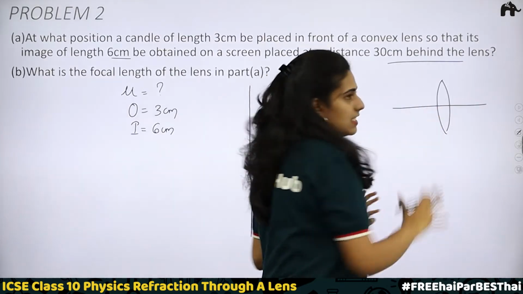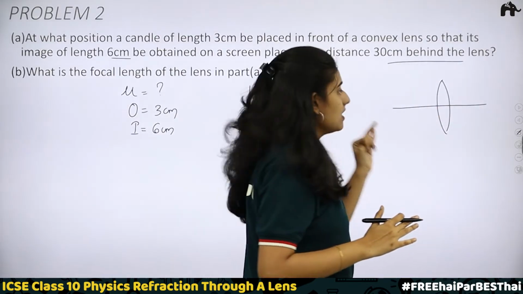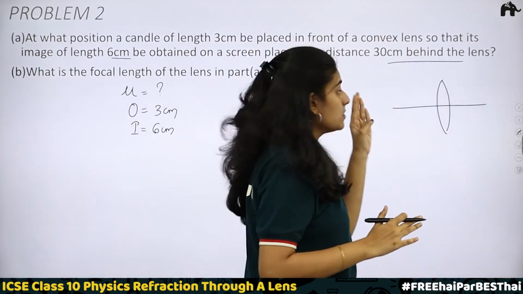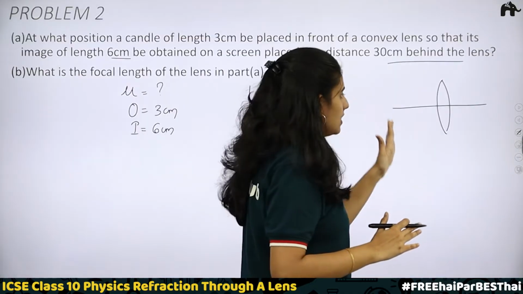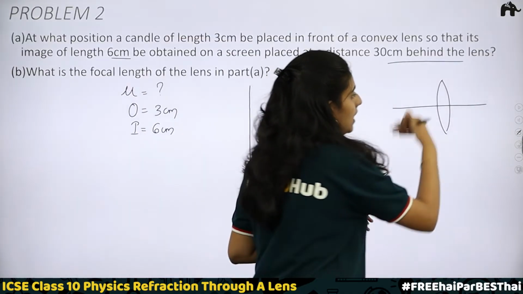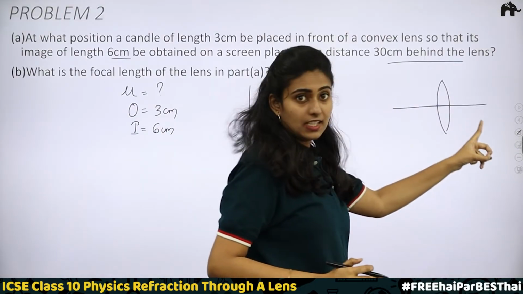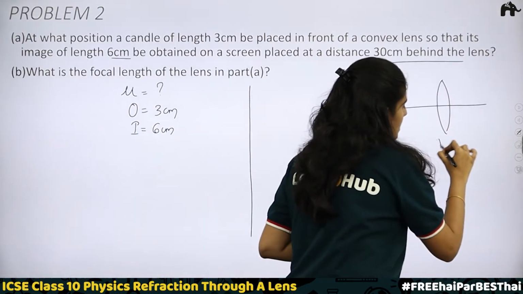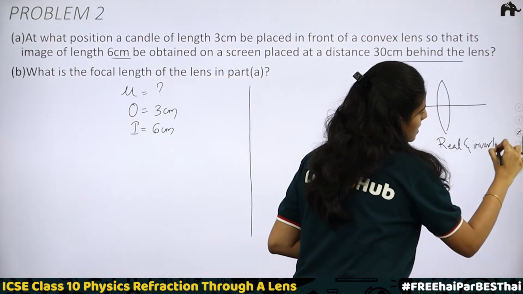So, the first 5 cases, that is object placed at infinity, object beyond 2f1, object at 2f1, object between 2f1 and f1, object at f1. In all these cases, we will be getting the image formed on the right side, which means behind the lens. In all these cases, we are getting real and inverted images.